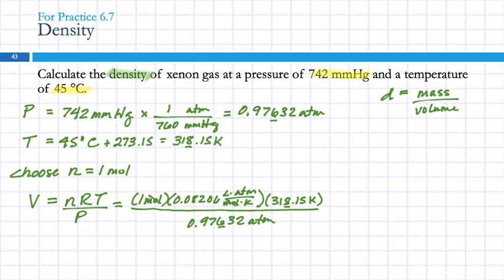Moles cancel, atmospheres cancel, kelvins cancel. This is going to give me the volume in liters: 26.741 liters. So that's my volume, but I still need the mass.